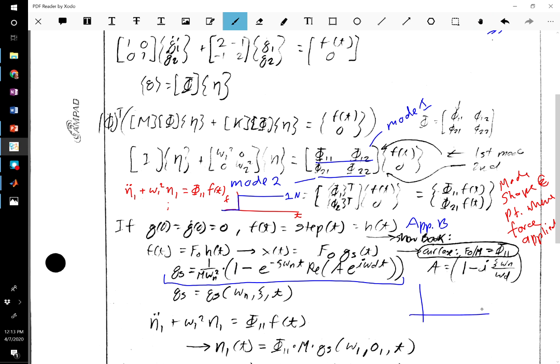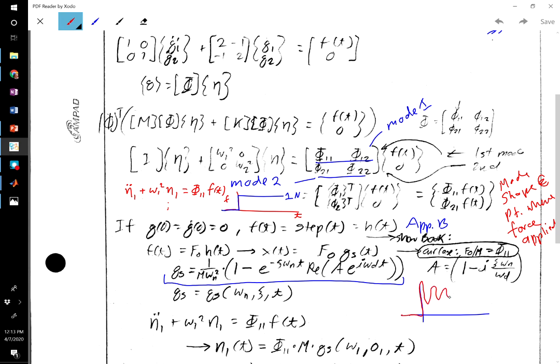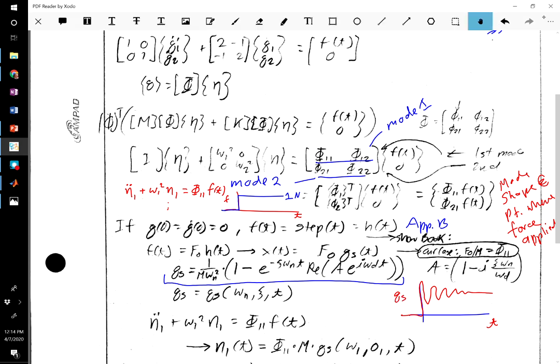And in the most general case, the response to that step, I'll flip my colors around here, might look something like that, where it's going to steady out at late time into the free vibration, or the static response to that step force.